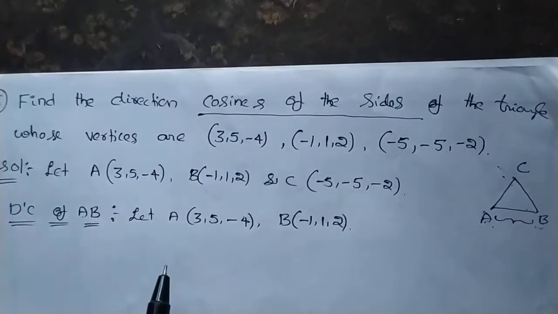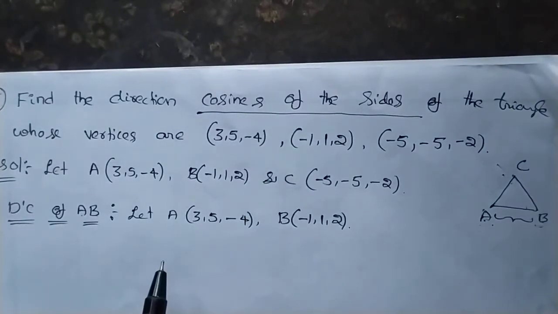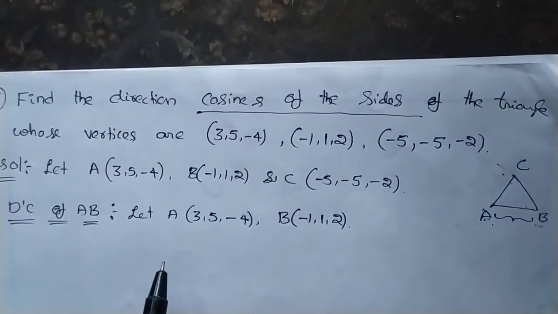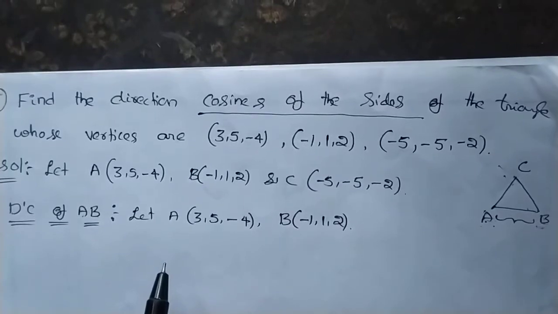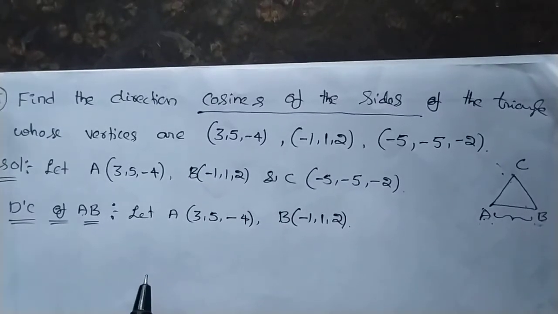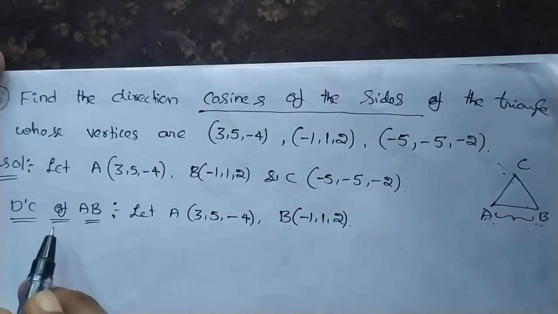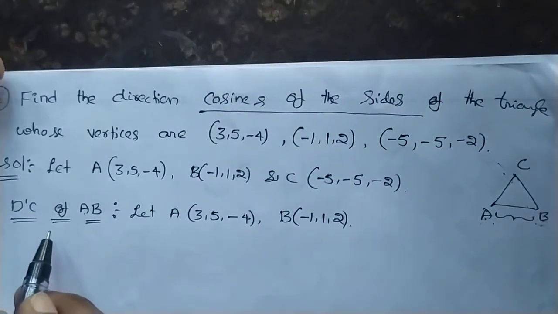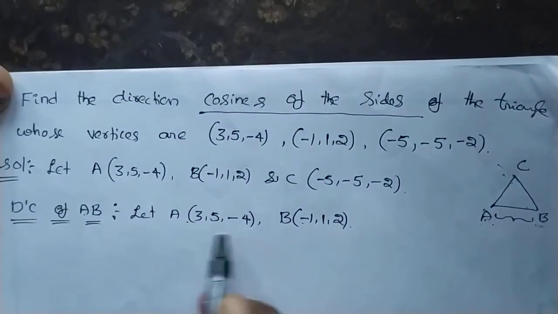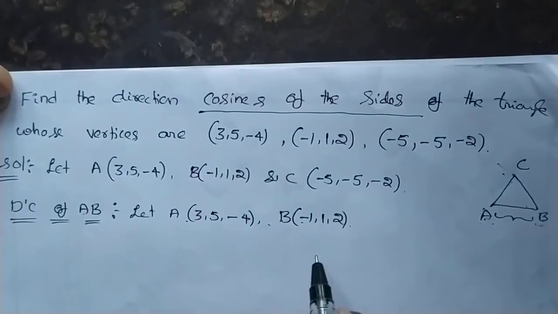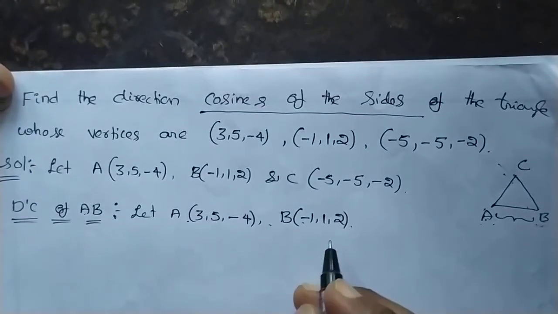Previously we have solved problems based on direction cosines, and here also we are repeating that. Don't be confused. How to find the direction cosines of AB? Before that we have to find AB, the distance between the points A and B.